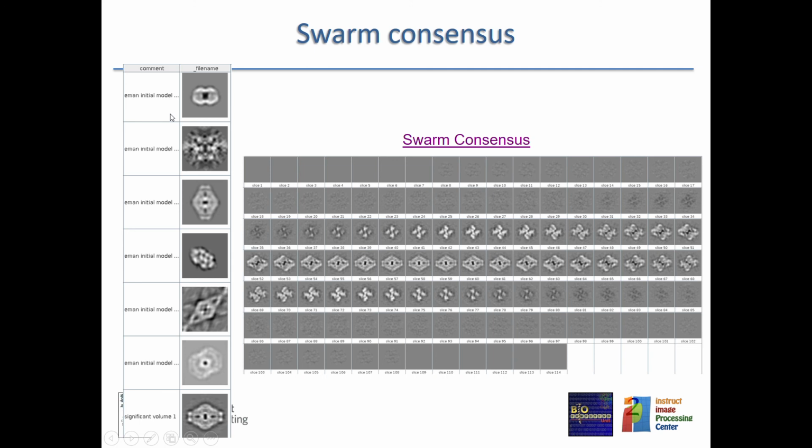And the traditional approach was that the user had to decide which one was a good 3D reconstruction to start with. But that could cause a lot of bias, especially if the user doesn't know exactly the details of the protein. So this swarm consensus takes all these candidates, and then it borrows ideas from stochastic gradient descent, but they're not exactly the same.